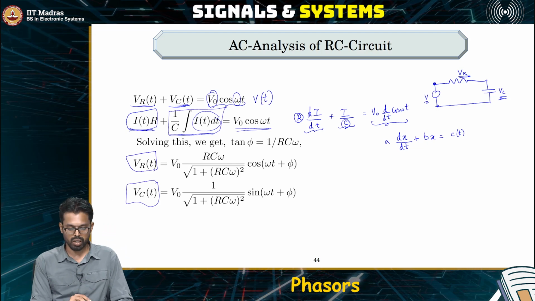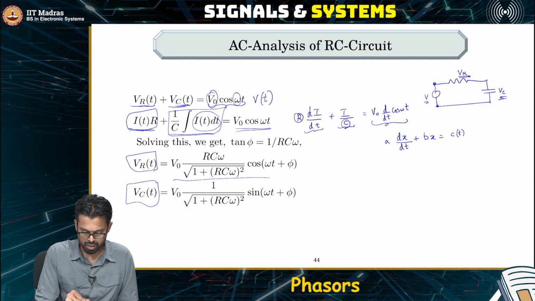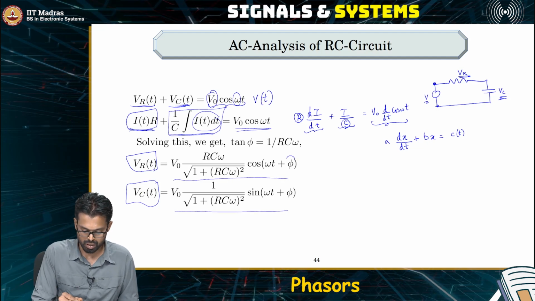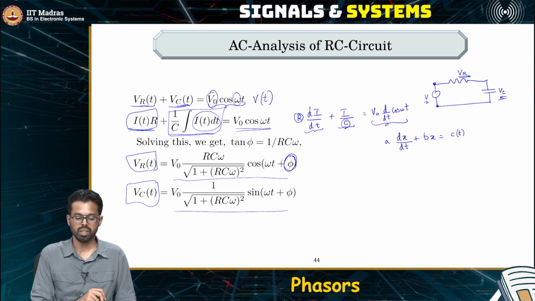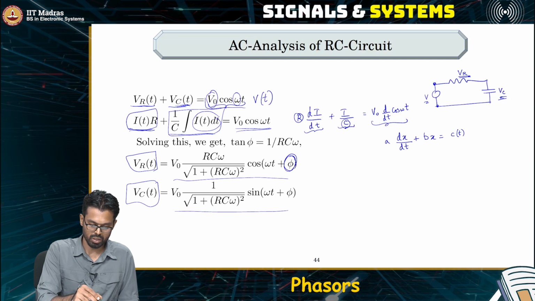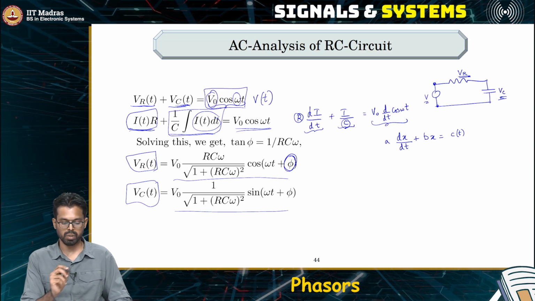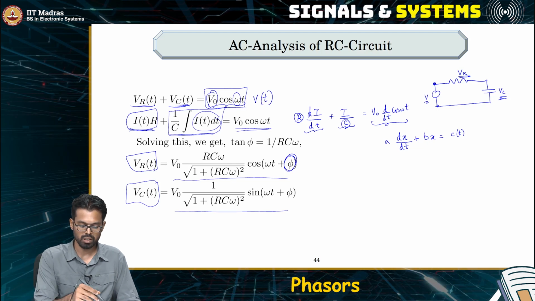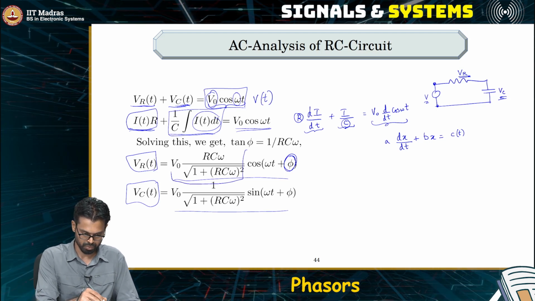So solving this ordinary differential equation gives us these two solutions, where there is a phase difference between the voltage across the resistance and the voltage that was actually applied. The voltage that was actually applied was V naught cos omega t, whereas what we are seeing across the resistance is a reduced magnitude.